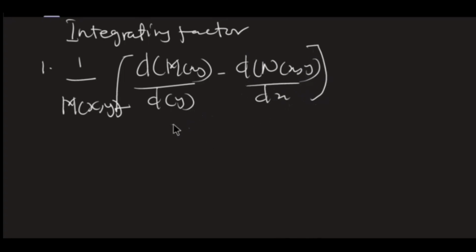This expression should be equal to a function of what? Y. So when you divide this expression by M of xy, then you should get a function h of y. Once this condition is satisfied, we can say that the integrating factor IF is equal to e to the power negative integral of h of y dy.